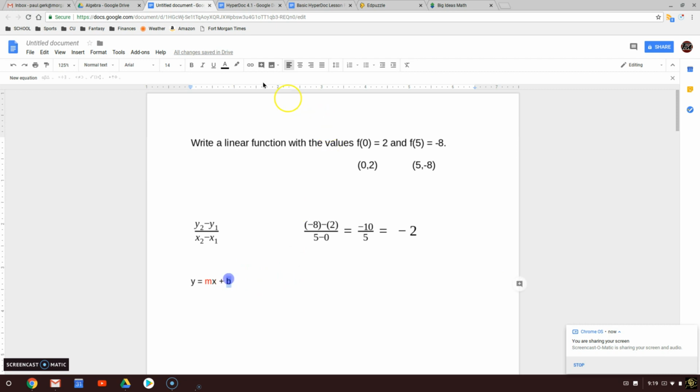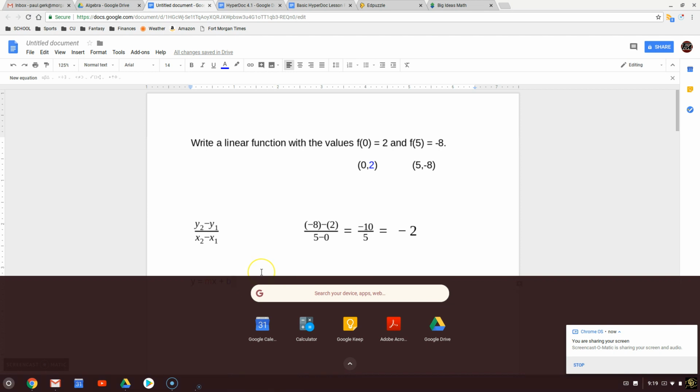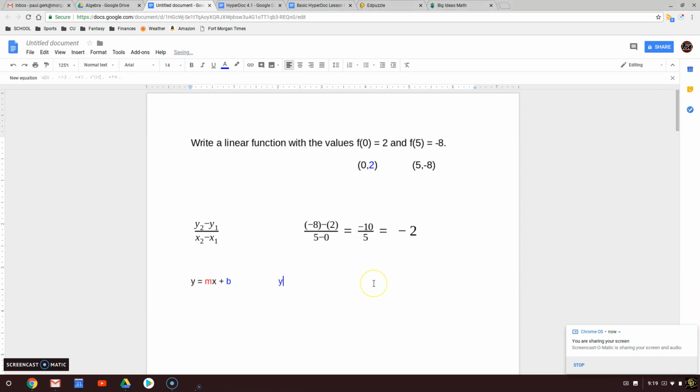And our b value is going to be blue, and that's our y-intercept right there. So our answer for our equation is y equals -2x plus 2.